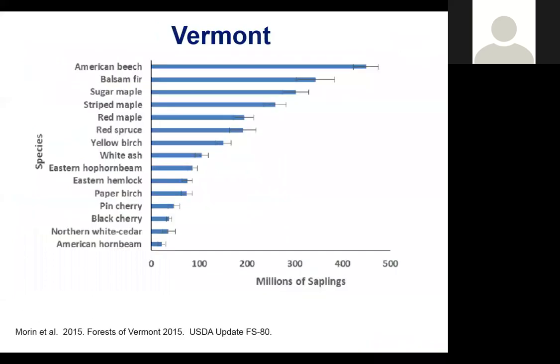Just to show a couple of examples of how prevalent beech is in sapling stages now, I have a couple of statistics from various states. This is from Vermont from 2015, just a couple of years ago. You can see beech is the number one species in the understory in terms of millions of saplings. It's just over 400 million saplings in Vermont.